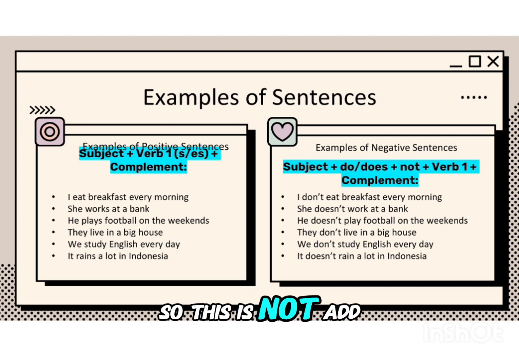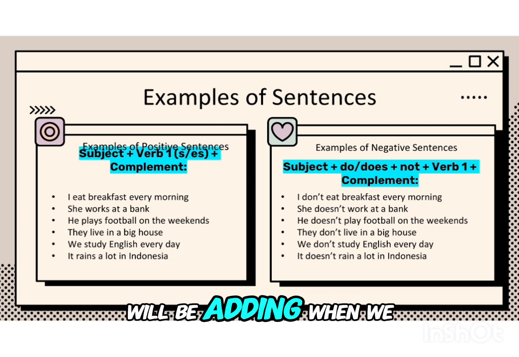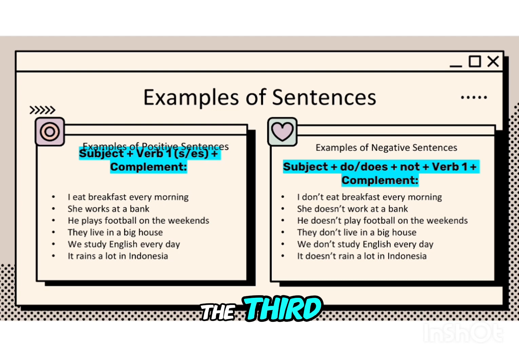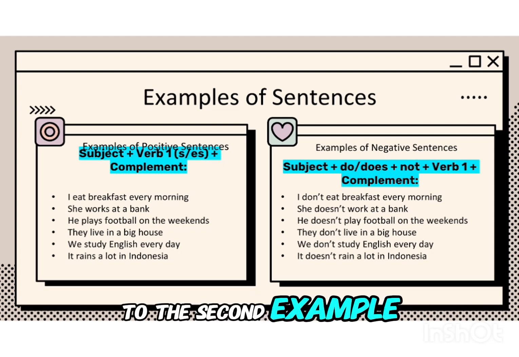So this is not added by s or es. S or es will be added when we meet she, he, it, the third person singular. So let's take a look at the second example.